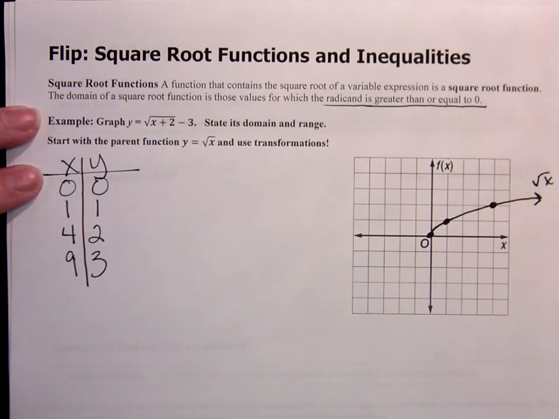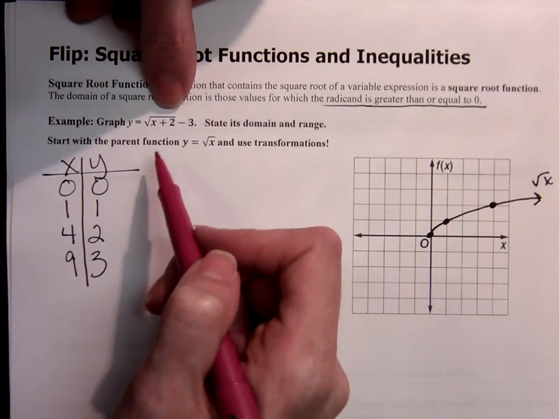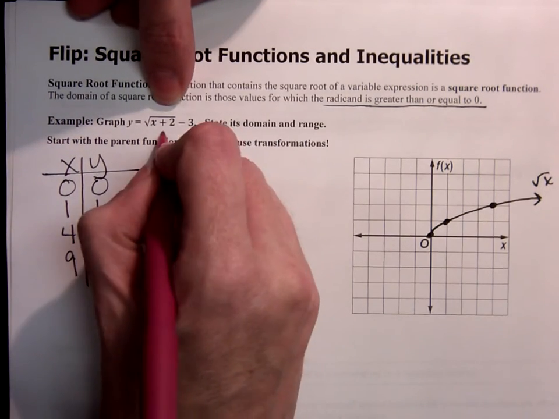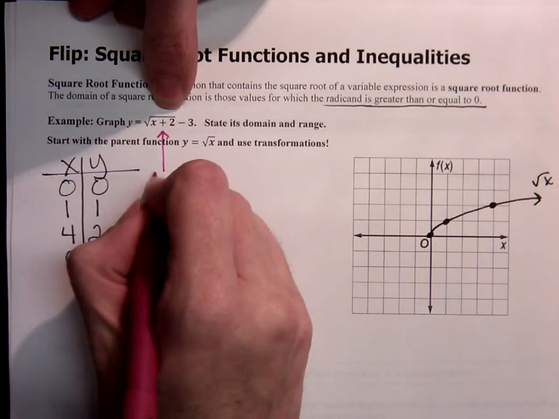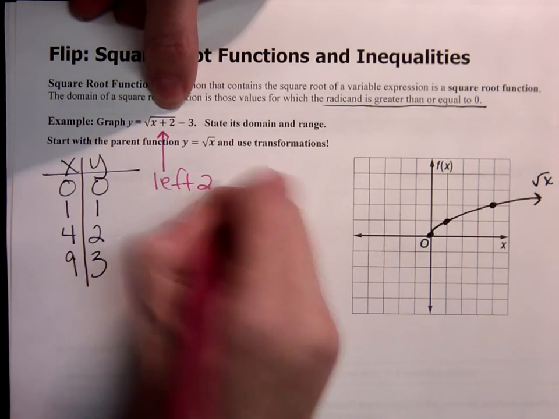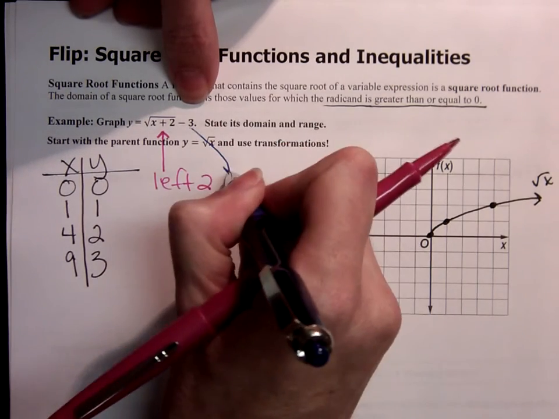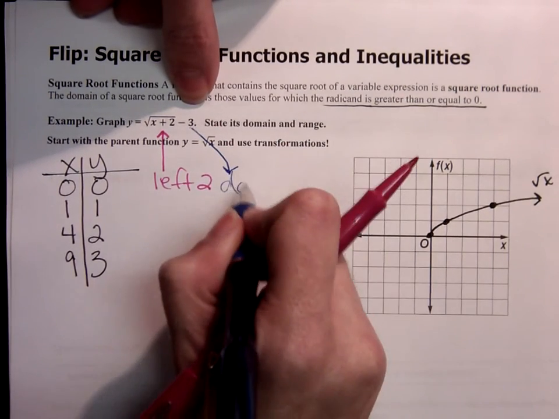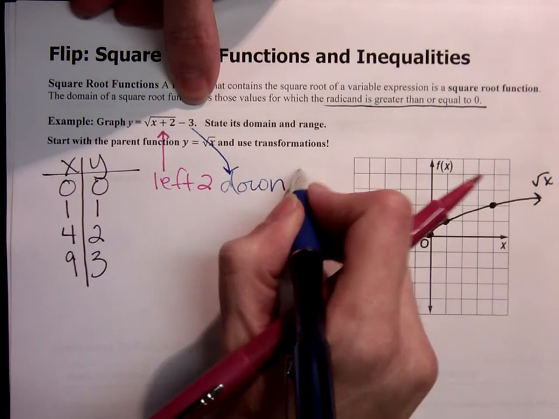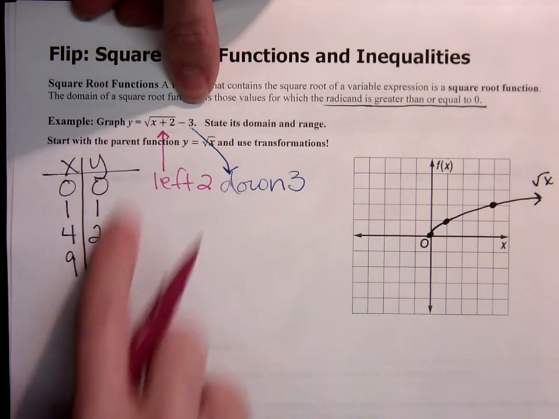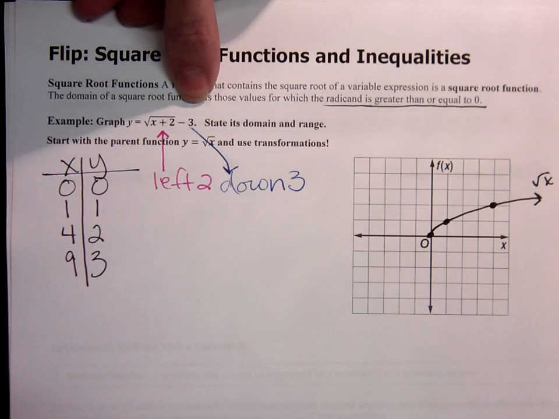If I look back at my function that we want to graph, as with everything else, this inside tells me it's moved to the left 2, and the outside tells me it's moved down 3. Now, this is why we're going to want to make friends with this information right here.